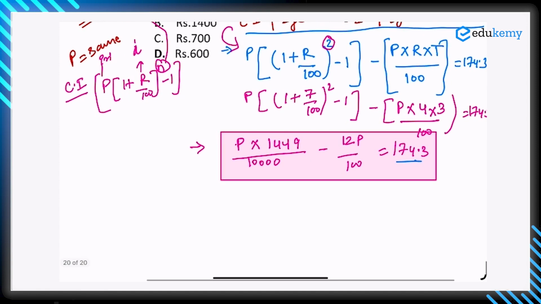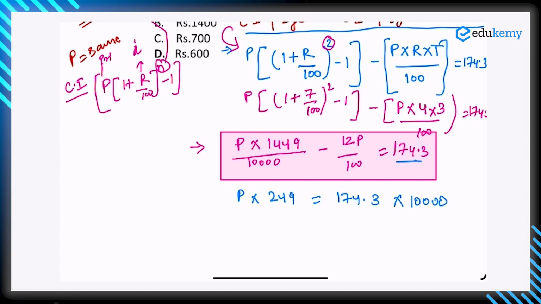Now, after solving this equation, we are getting P into 249 is equal to 174.3 into 10,000. This is by cross multiplying. ठीक है, हमने यहाँ पे simple सा लिया, and then we cross multiply. After solving this equation, we are getting P is equal to 7,000.